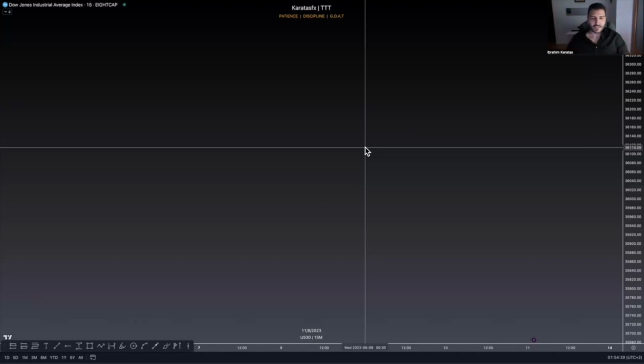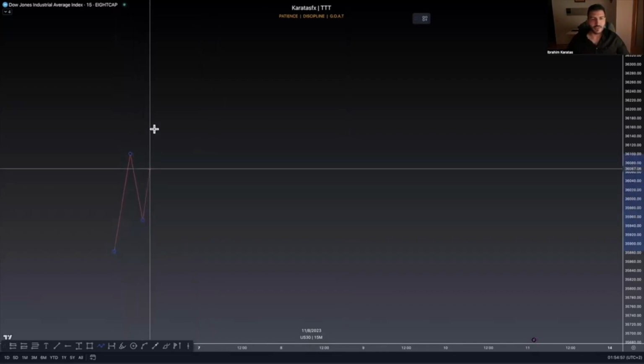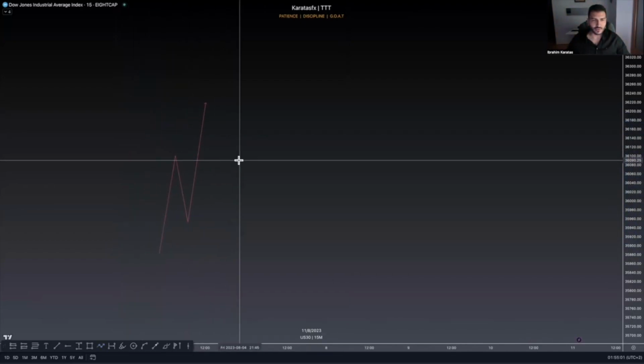So let's start with some scenarios with the first entry type, which is an aggressive style of trading. I will show you on diagrams a bullish and a bearish scenario. Once we have a bullish market, price is making higher highs and higher lows, right?